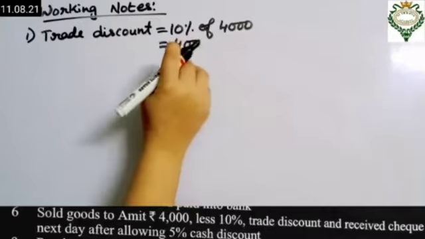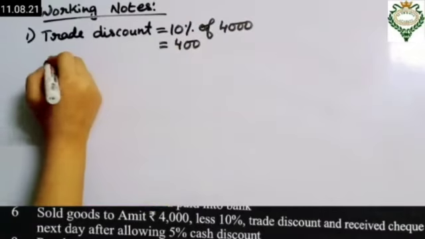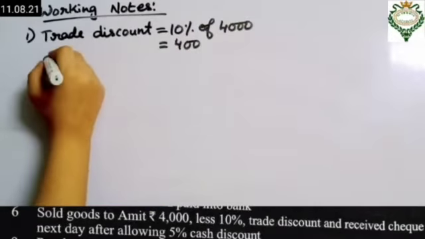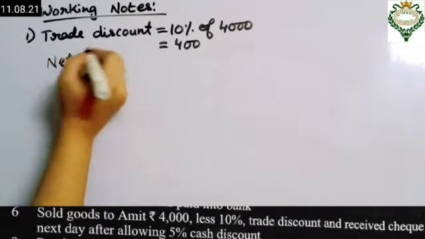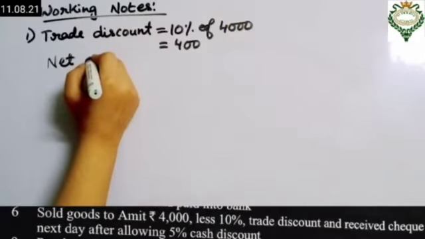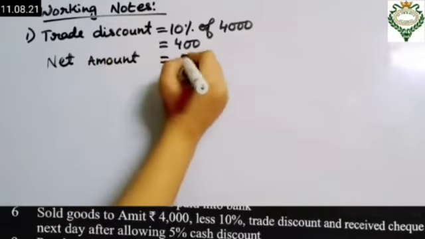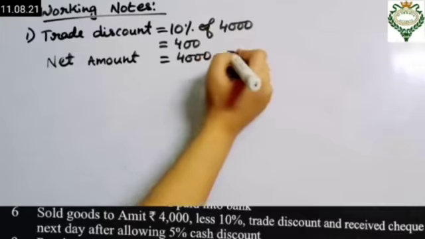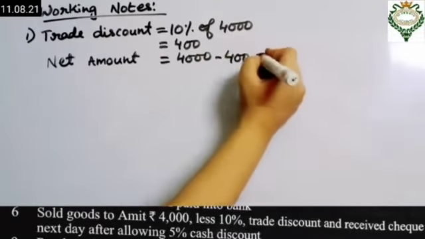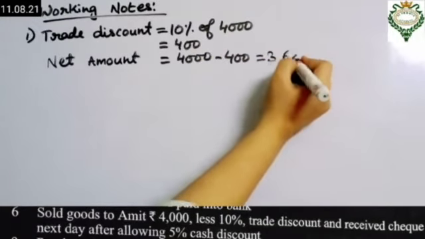After we subtract 400 from this 4,000, we will get the net amount of Amit. So the net amount will be 4,000 minus 400, that is 3,600.